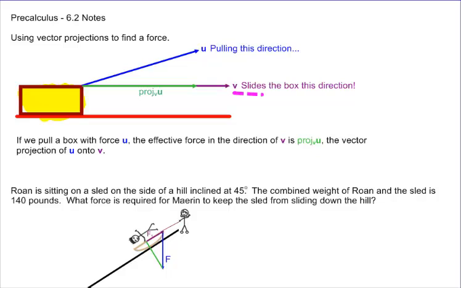And so we can use a vector projection to determine exactly what I need to do to move that box or object or whatever. So if we pull a box with a force U, the effective force in the direction of V is the projection of the vector U onto V. So the vector projection can help us figure out forces.